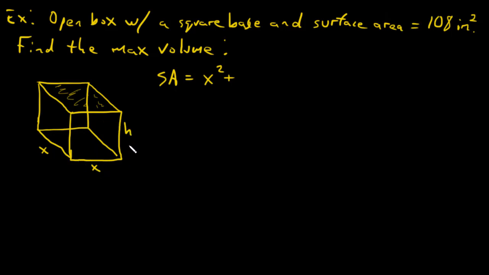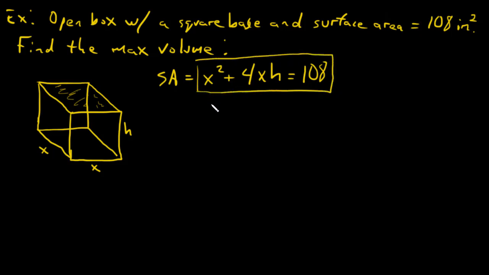It's x times h. So 4xh. Okay? That is how to calculate the surface area of this box. And I know that that is equal to 108. Okay? Now, this is what? That's right. This is the constraint.